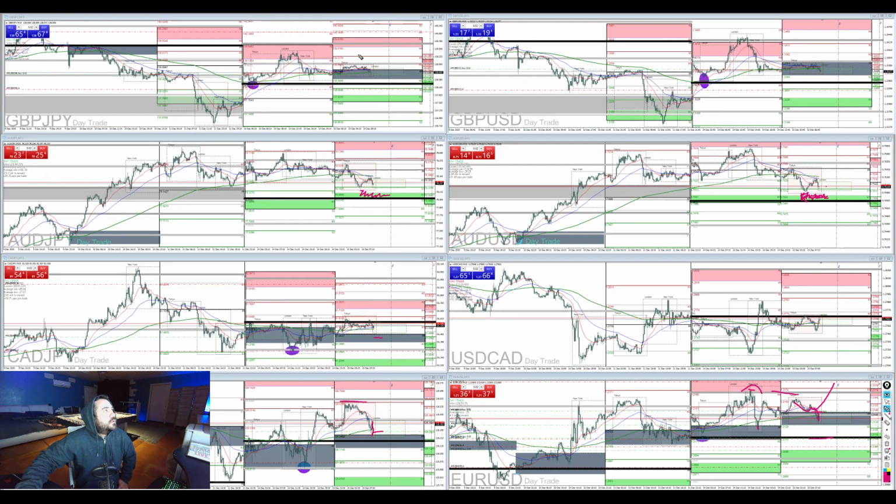Alright. In break even right now on the pound yen. Slight drawdown right now on the pound US dollar. Four horsemen.